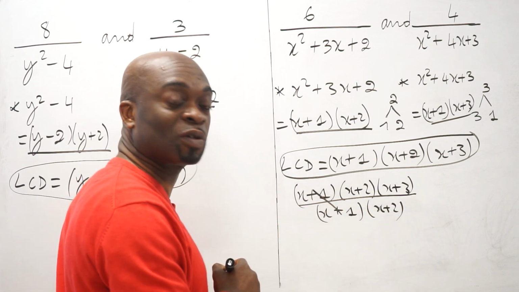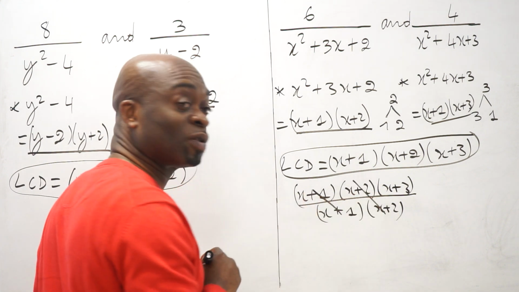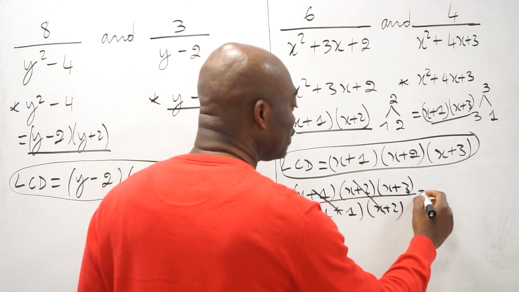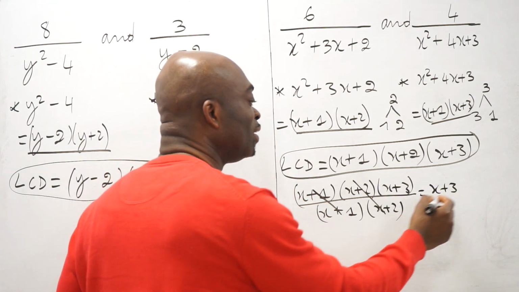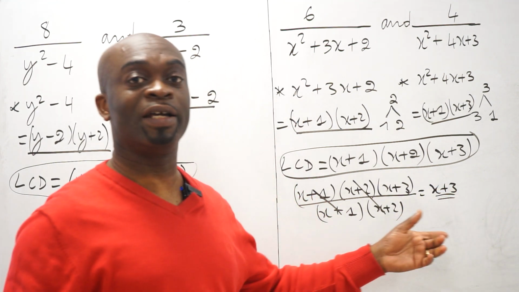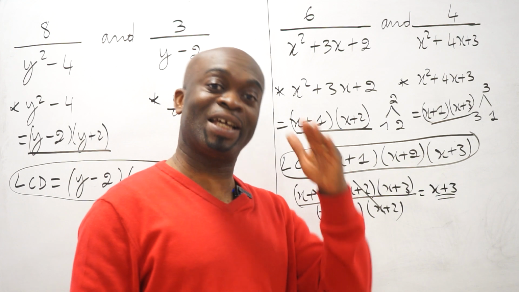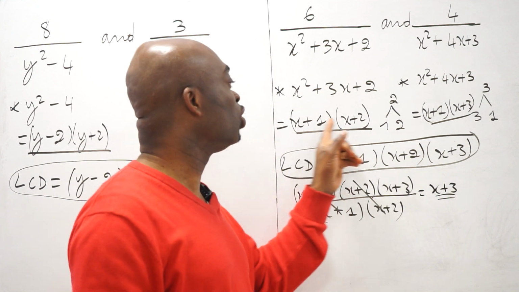X plus 1 out, x plus 2 out. What is left? X plus 3 is left. So from the first one, this is what you get. That means the lowest common denominator can divide your denominator evenly.